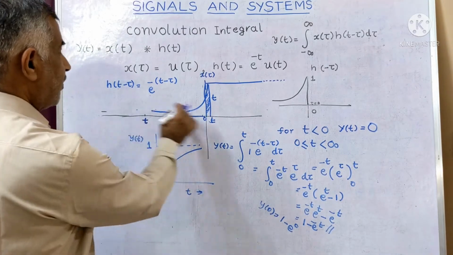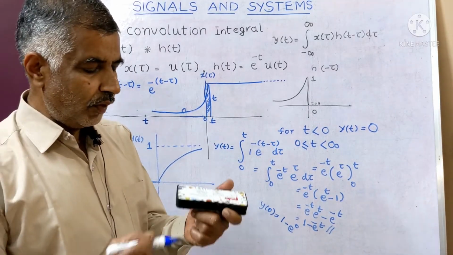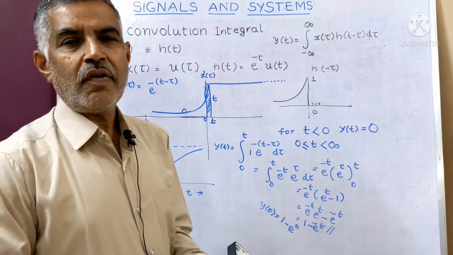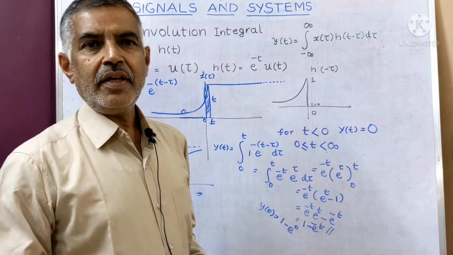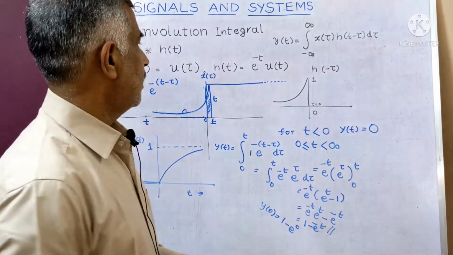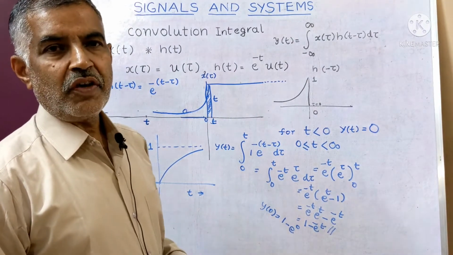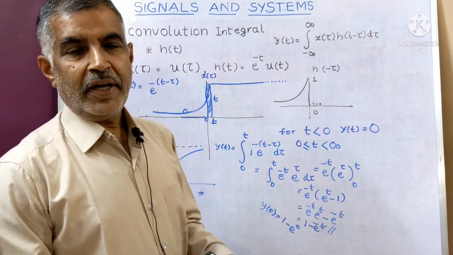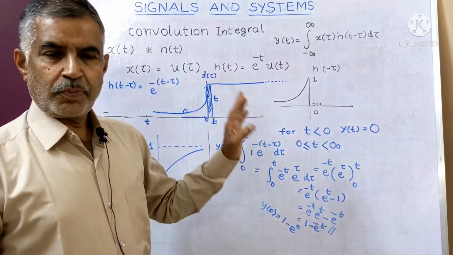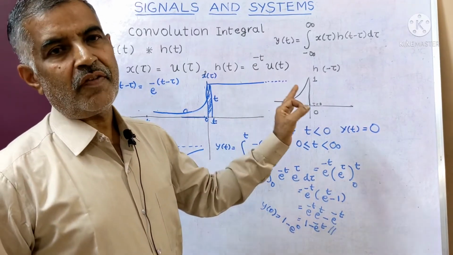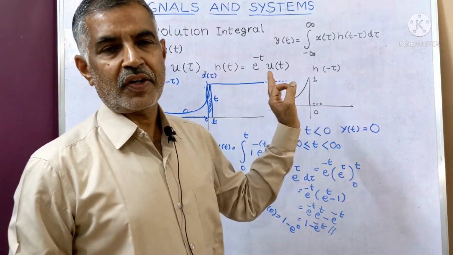And this is what is known as the graphical convolution integral. Now I will summarize. Yesterday I took the convolution between an exponential function and a step function, taking the exponential function as the stationary waveform and the step function as the moving function.